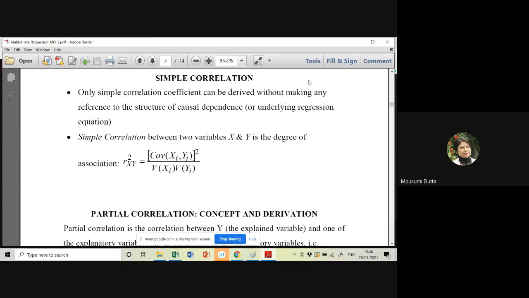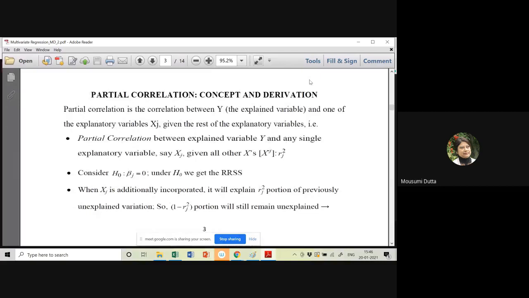Third, we are moving to partial correlation. The idea of partial correlation: last day I mentioned, in case of partial correlation, we will consider the correlation between y and any of the x variables given the rest of the x variables. So it is the correlation between y and one of the x variables given the rest.